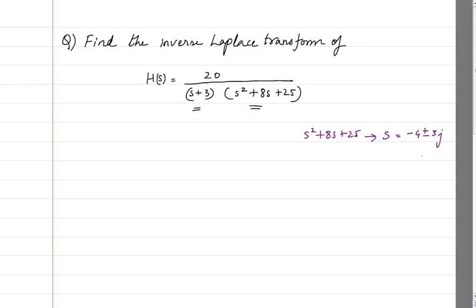This is what you are going to get. That means the poles are complex. If the poles are complex, I already told that one of the things that we have to do is, we have to write this in a form which can be obtained as s plus x the whole square plus y square. That is the first thing that we have to do, isn't it?